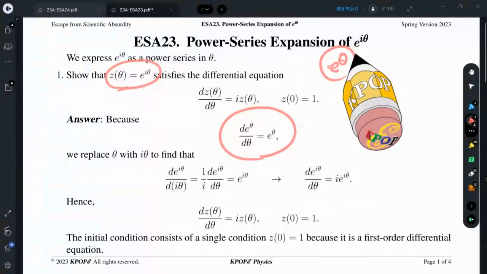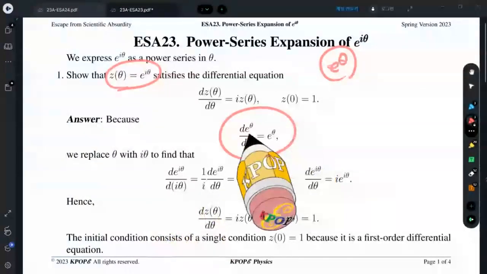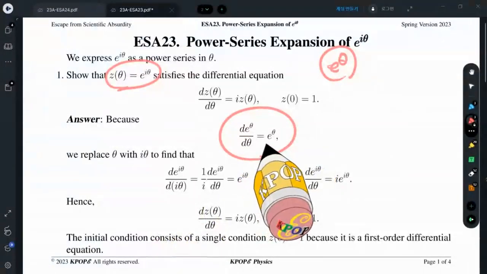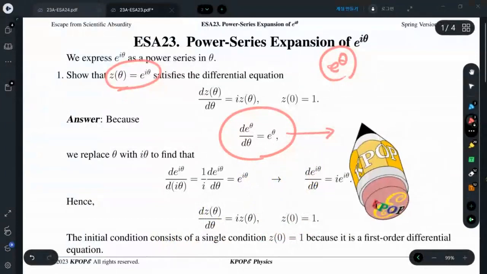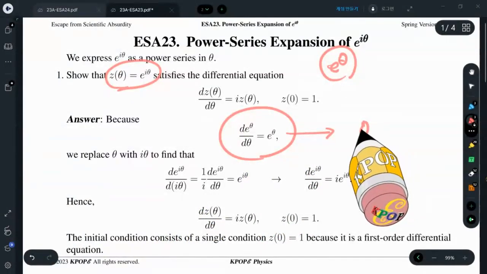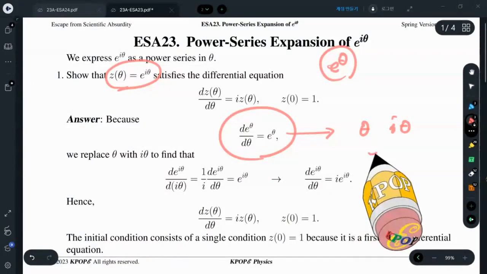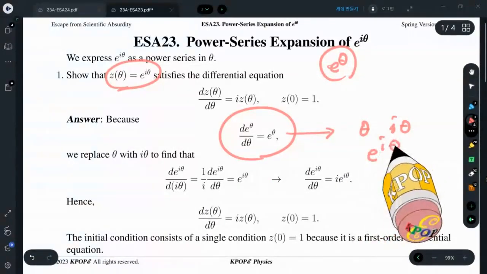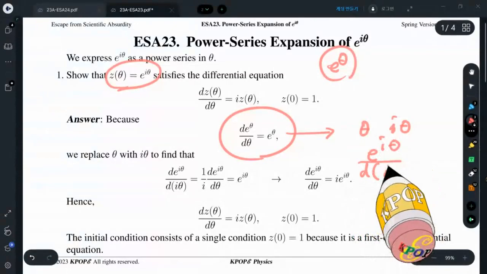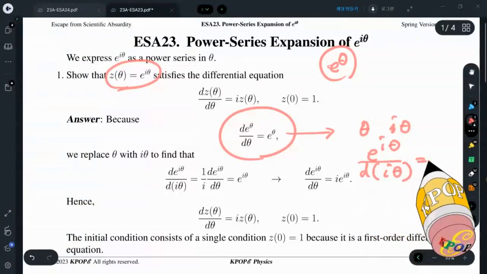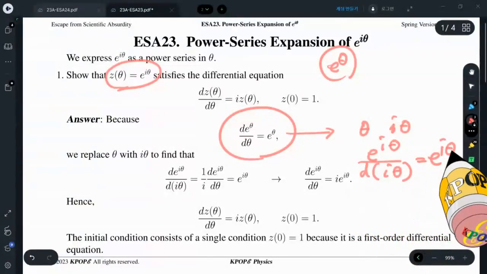Let's see. Here, we just replace theta with i theta. Then we would get d e to the i theta over d i theta equals e to the i theta.